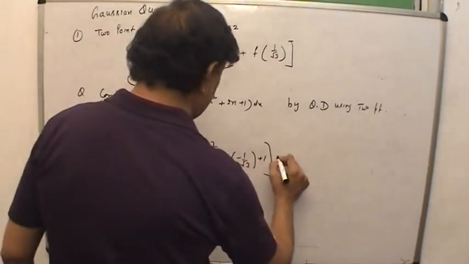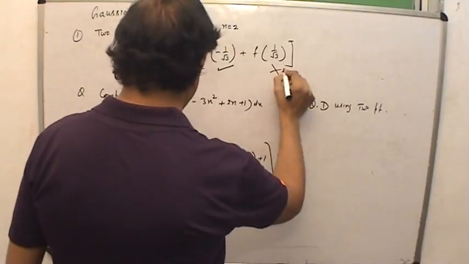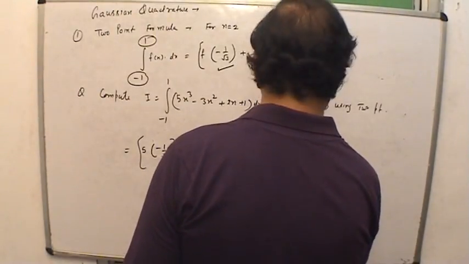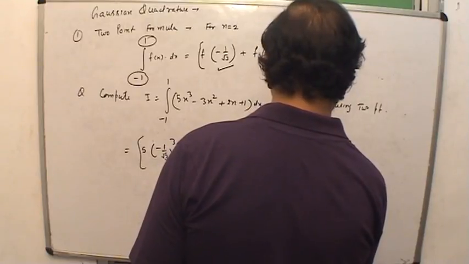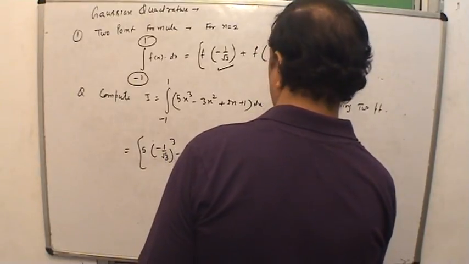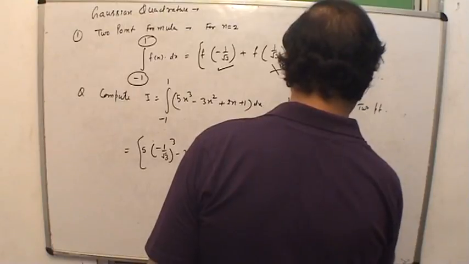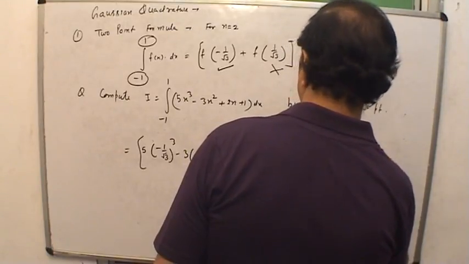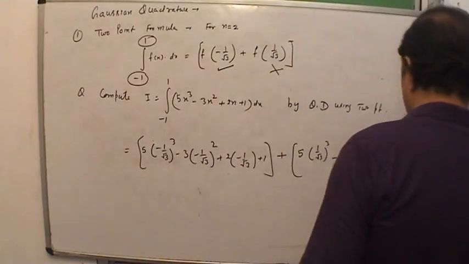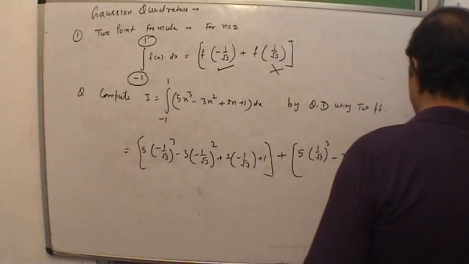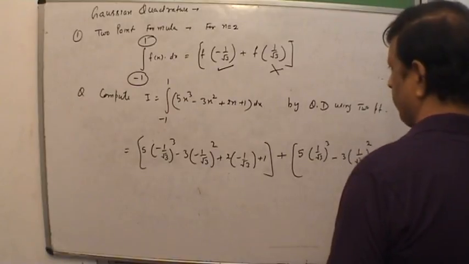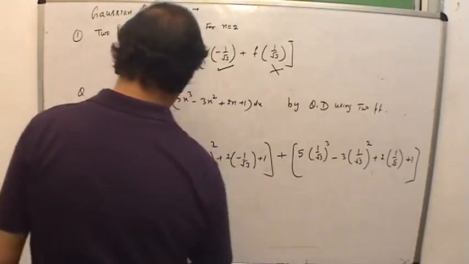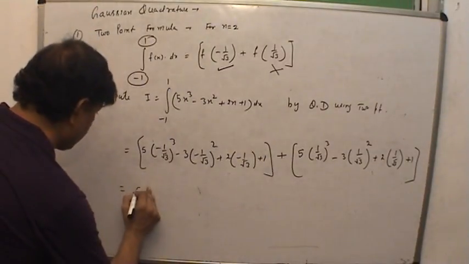Then further plus this one, 5 into 1 by root 3 cube minus 3 into 1 by root 3 square plus 2 times 1 by root 3 plus 1. We can simplify it with simple arithmetic.